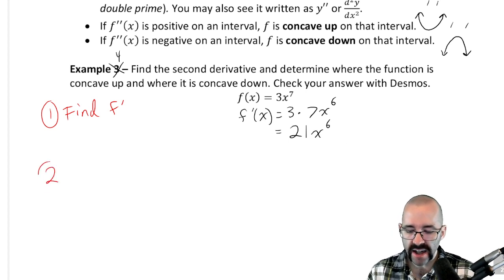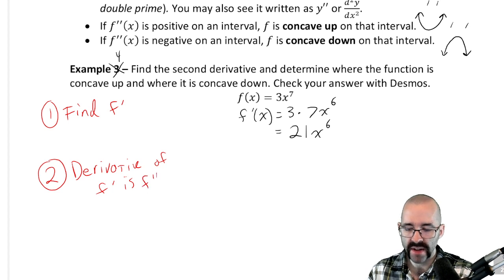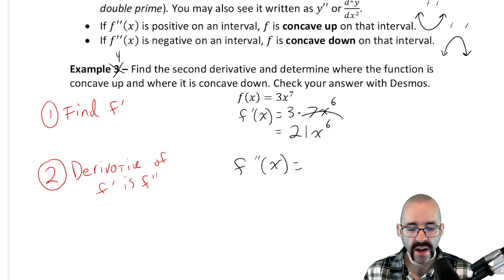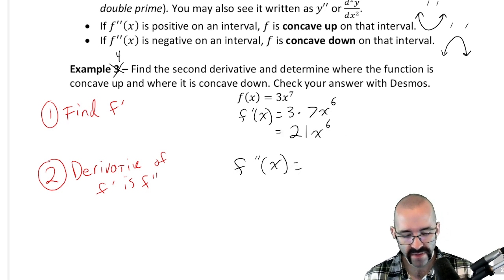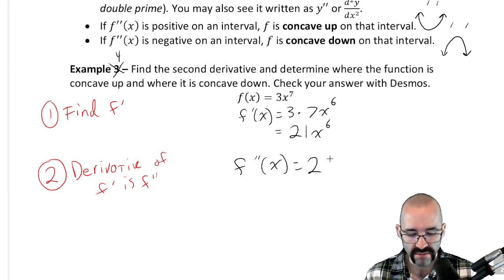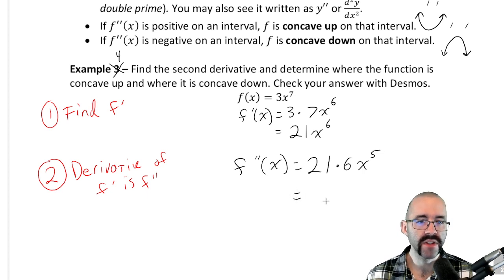Well, to find f double prime, the second derivative, you just take the derivative of the first derivative. Derivative of f prime is f double prime. So let's take the derivative again. What's the derivative of this? Well, same thing. 6 comes down, subtract a power, multiply the coefficients together.